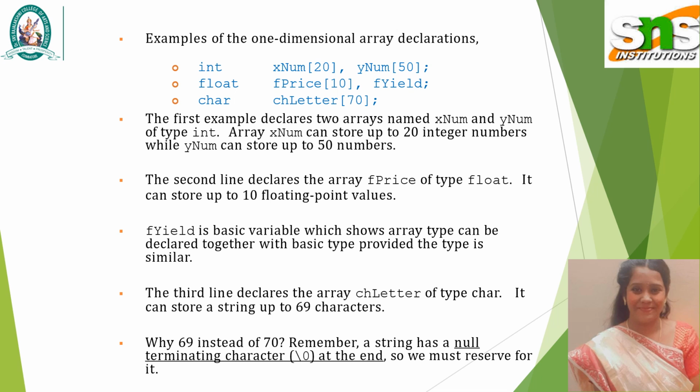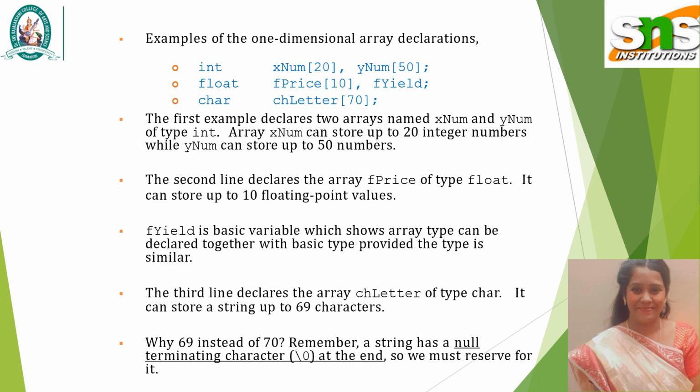We can also use float for declaring an array, so that it contains price of size 10, which is from 0 to 9. Each array declaration has to open a square bracket and end with a square bracket. This is called the subscript of the element.